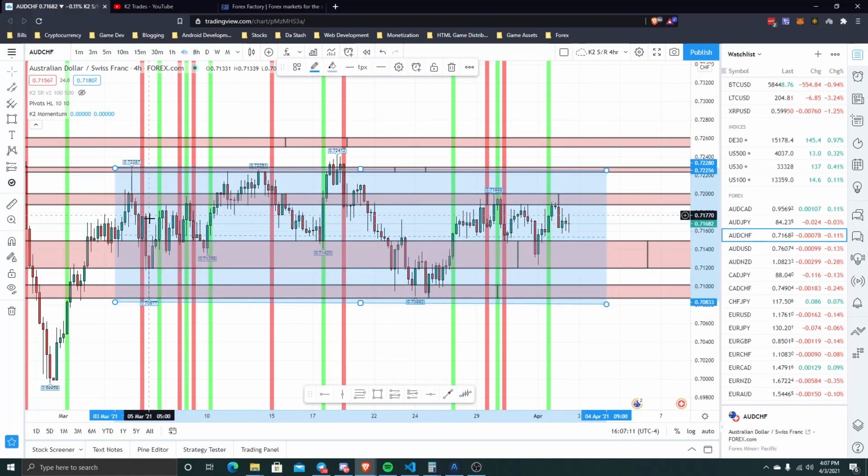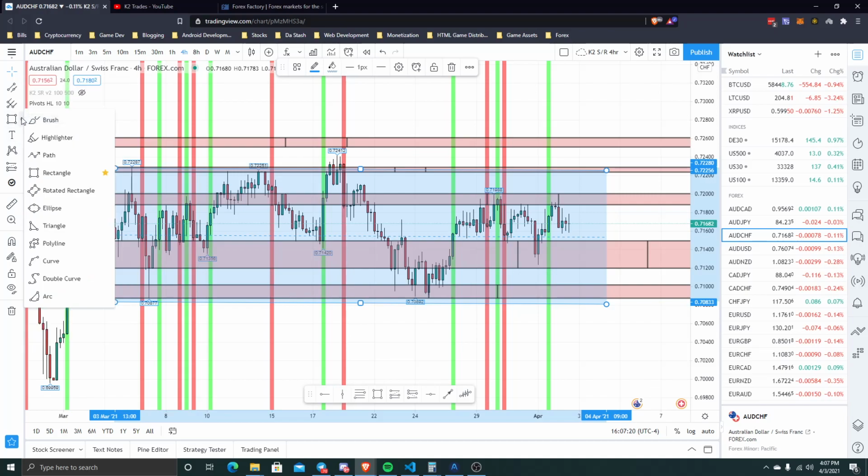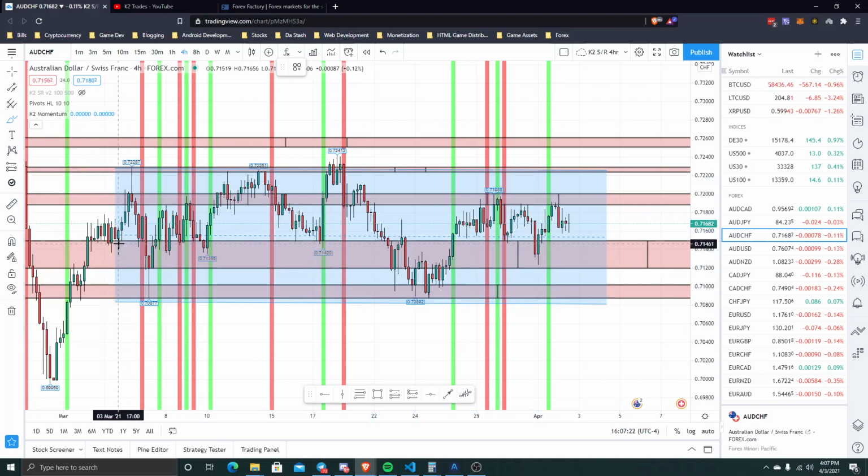So yeah, as you can see, it's going like this here. Let me get my brush tool here to show you. As you can see, it's going like that.